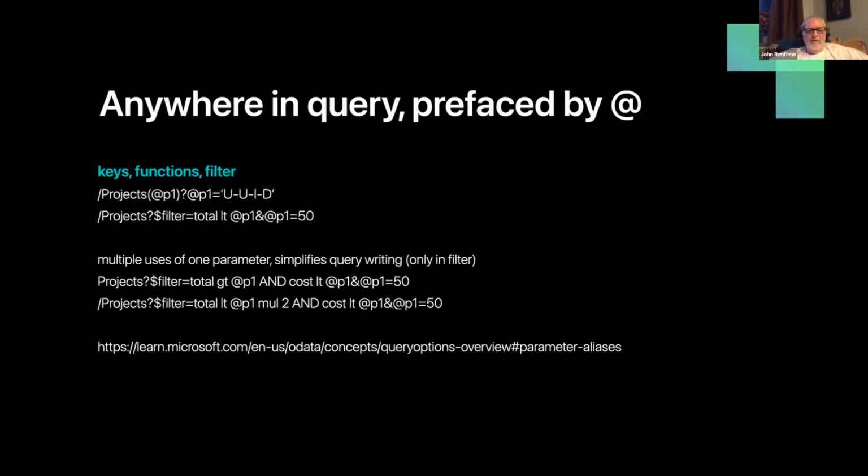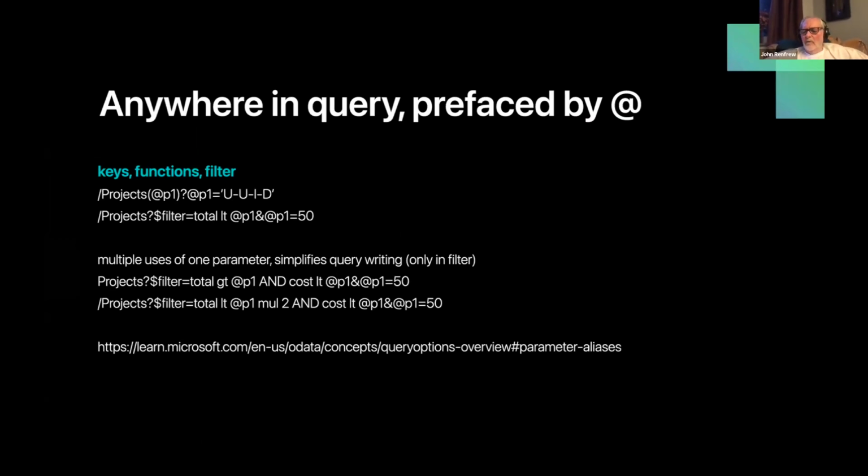In the first example, I'm using @p1. This is to get a UID to put in as the key for a project. So @p1 is a parameter. Then after the question mark, I'm defining what that parameter is. So @p1 is your UID. Clearly there's very little benefit to me doing that other than just showing, hey, it works.